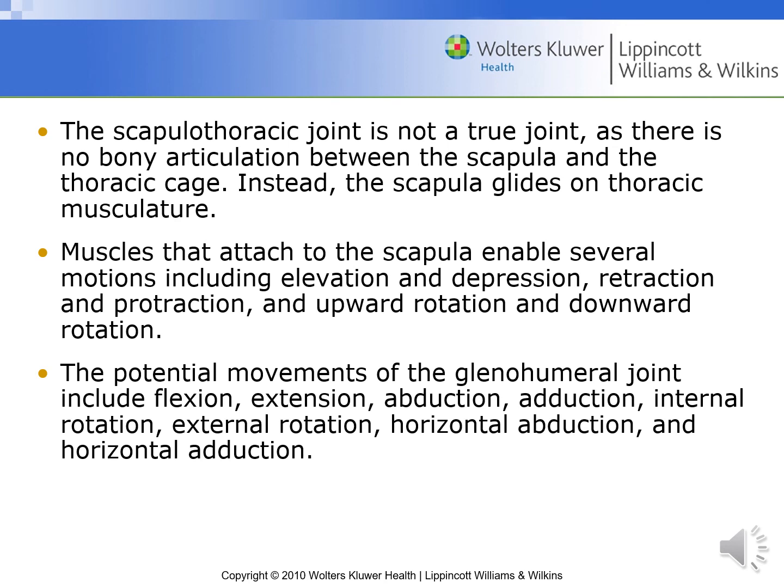The potential movements of the glenohumeral joint include flexion, extension, abduction, adduction, internal rotation, external rotation, horizontal abduction, and horizontal adduction.